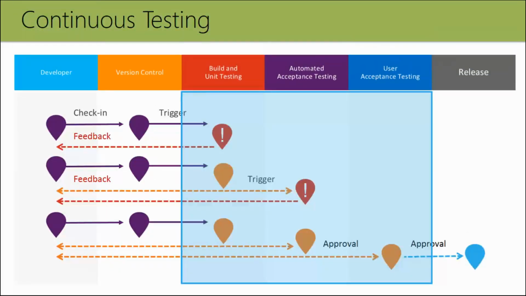So with continuous testing, visually you can see that it falls within the build and unit testing all the way to the UAT phase. So this is the area where the QA department or the team would be continuously testing the actual code or the software.